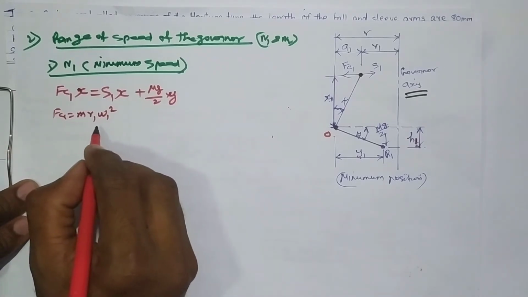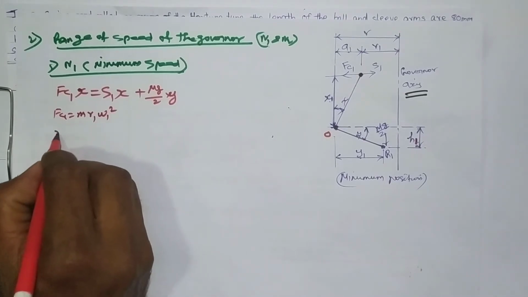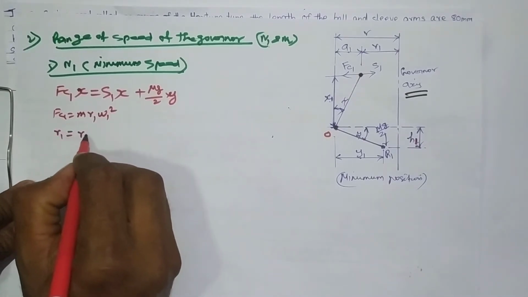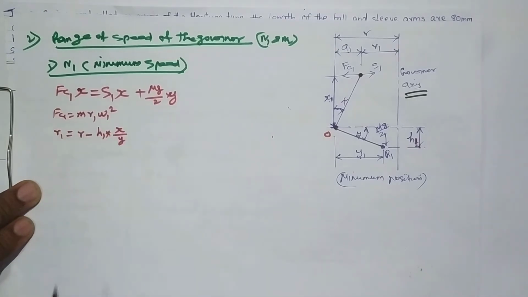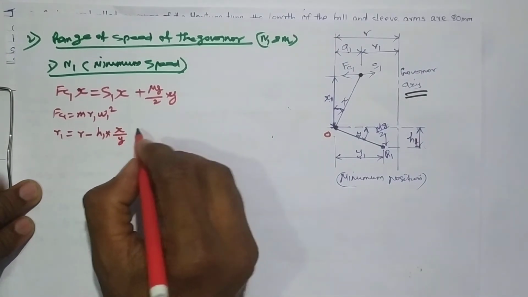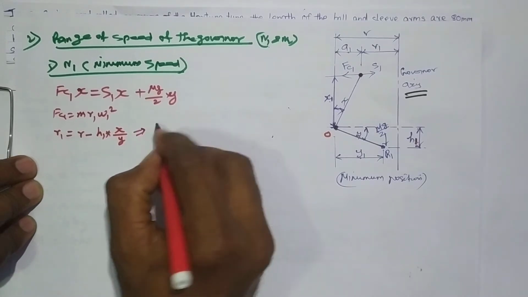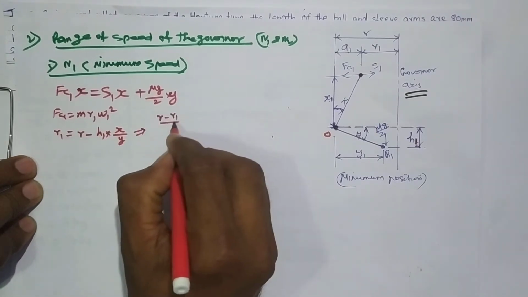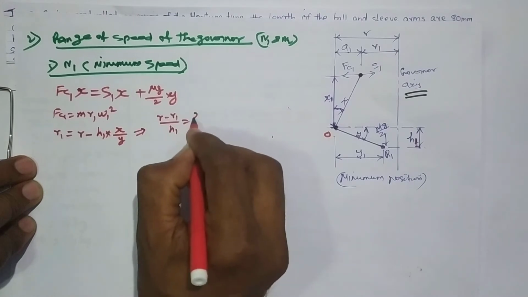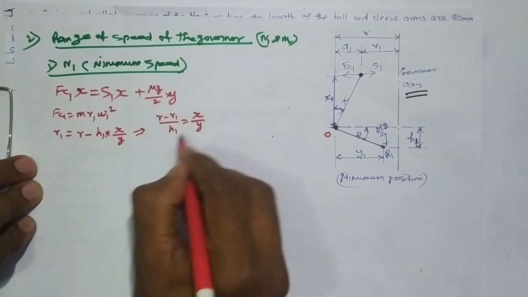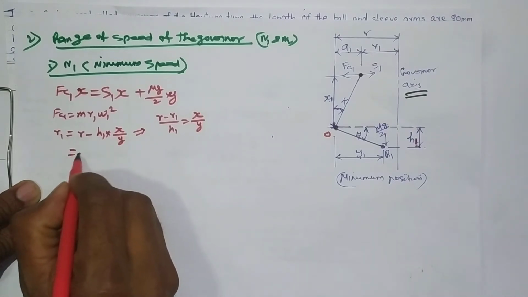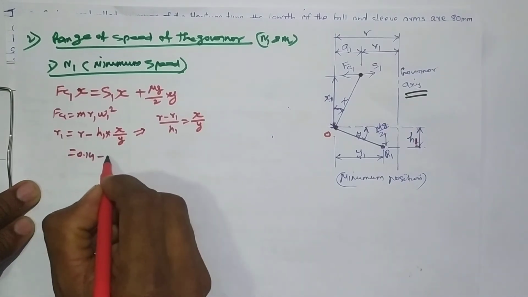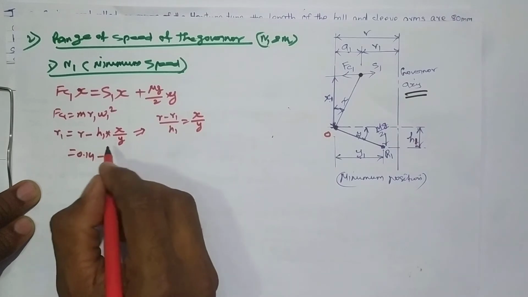So now what are the things you should find out first? r1 you should find out. r1 equal to r minus h1 into x divided by y, right? So how does this equation come? There is a relation: r minus r1 divided by h1 equal to x divided by y. So from this equation, you know that r is 0.14 minus h1. What is the h1 value?